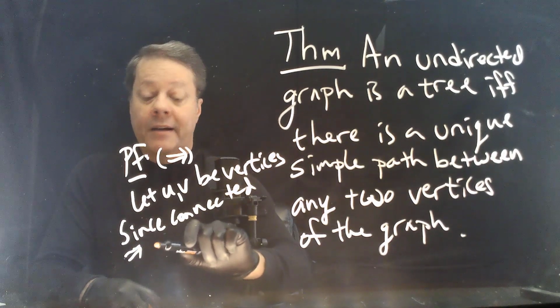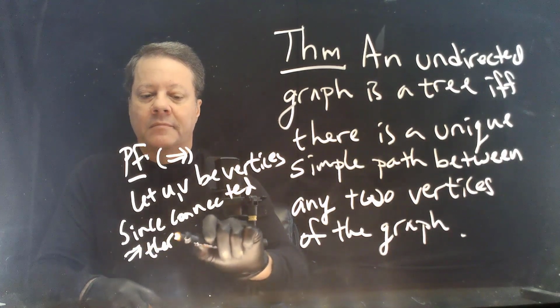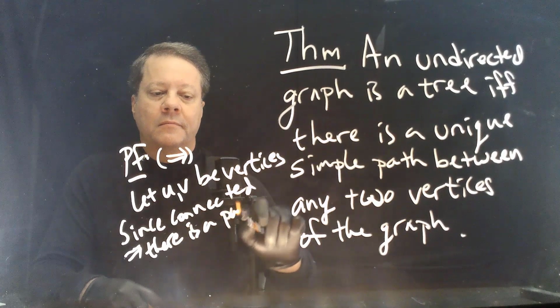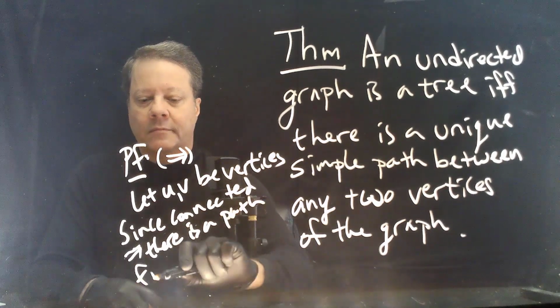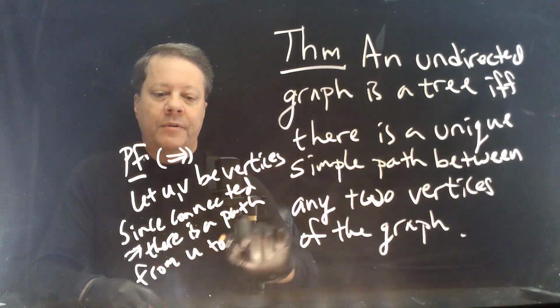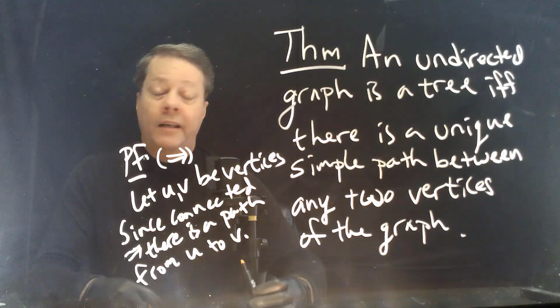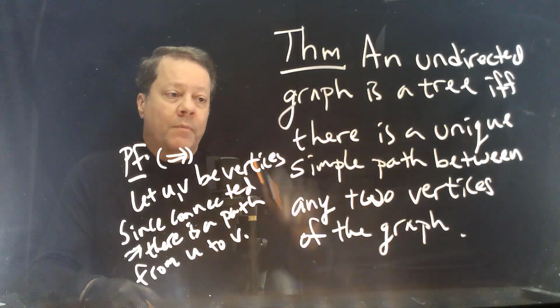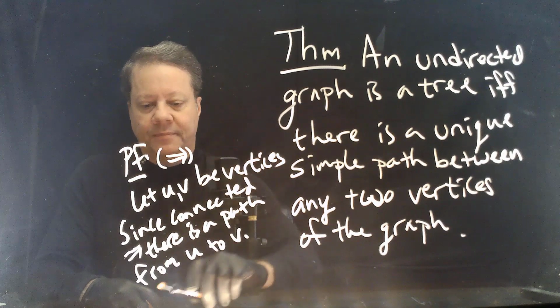That implies there is a path from U to V. If there were two, then you could form a circuit.